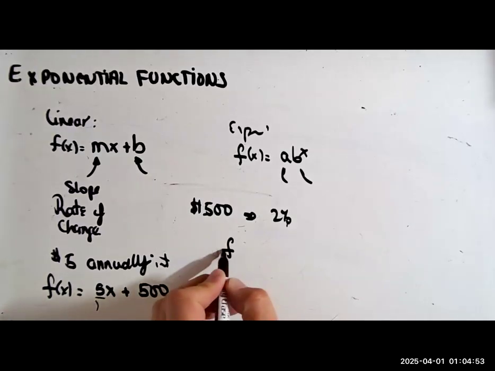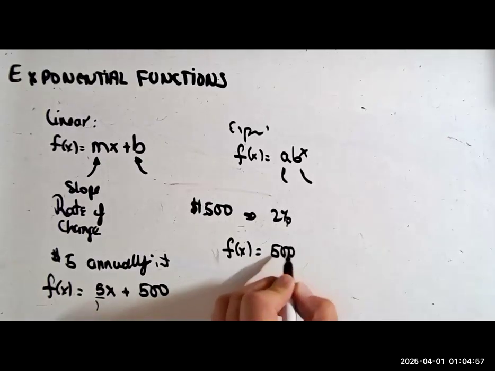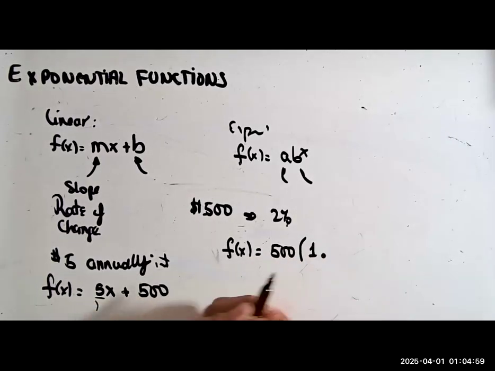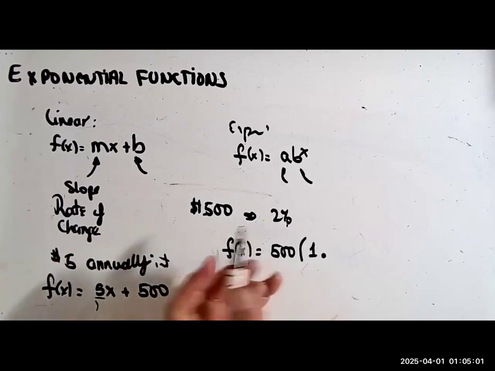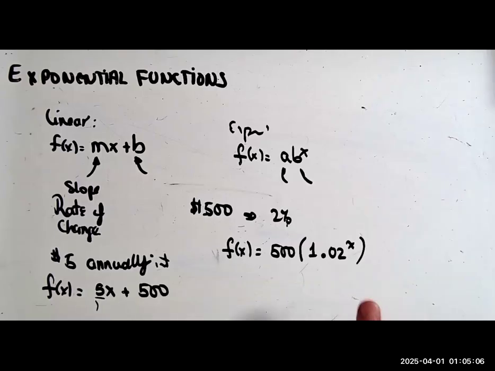So the model will be f of x equals $500 times parentheses 1.02 to the x. So every year Wells Fargo will give me 2% interest versus Bank of America giving me $5 interest. So that's the difference.